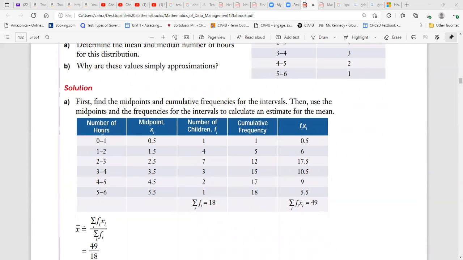To find the mean value, you need to find the midpoint of each range. From 0 to 1, 0 plus 1 divided by 2 is 0.5. 1 plus 2 is 3, divided by 2 is 1.5. 2 plus 3 is 5, divided by 2 is 2.5. 3 plus 4 is 7, divided by 2 is 3.5. So you find the midpoint of each interval.